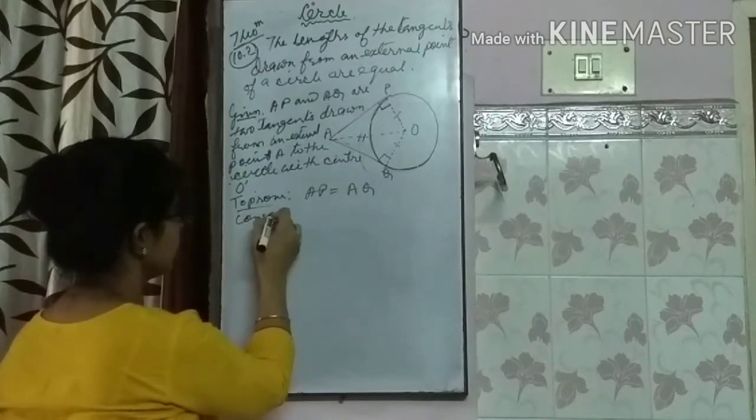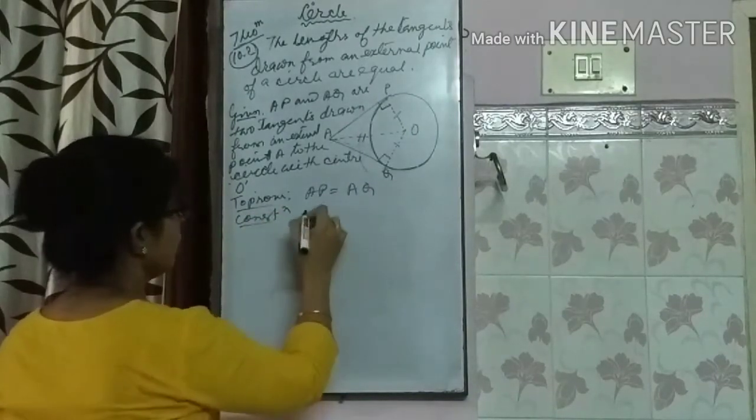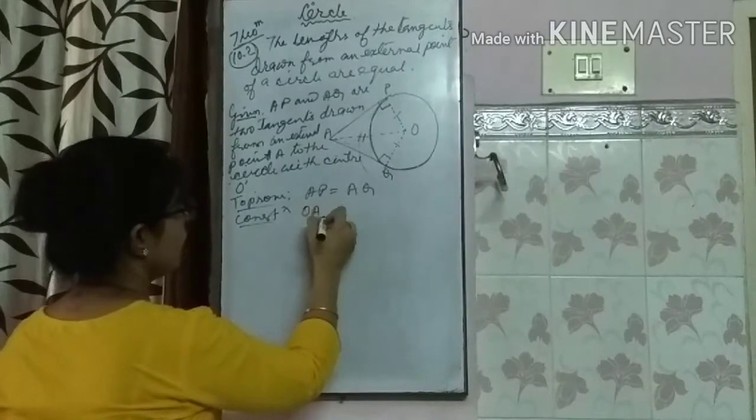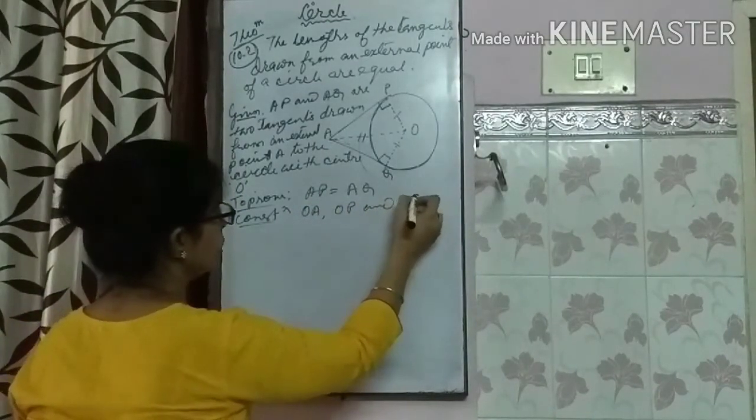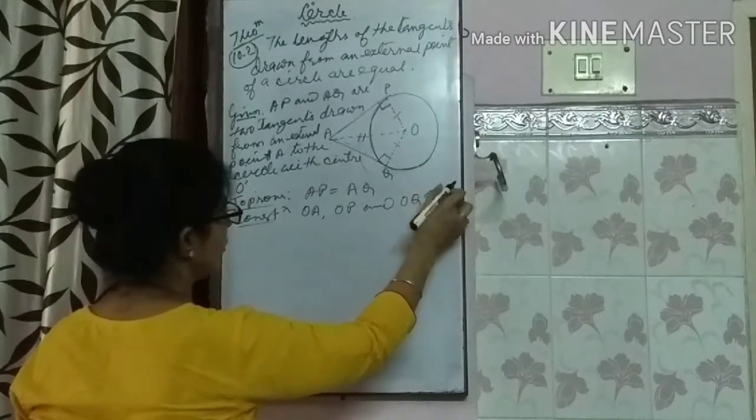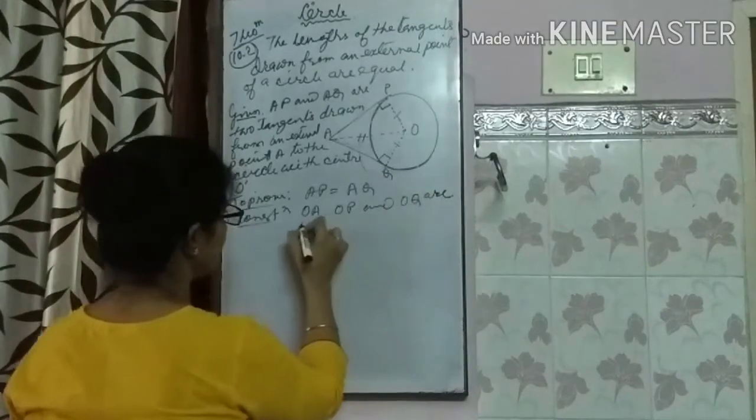So here we need construction. OA, OP and OQ are drawn.